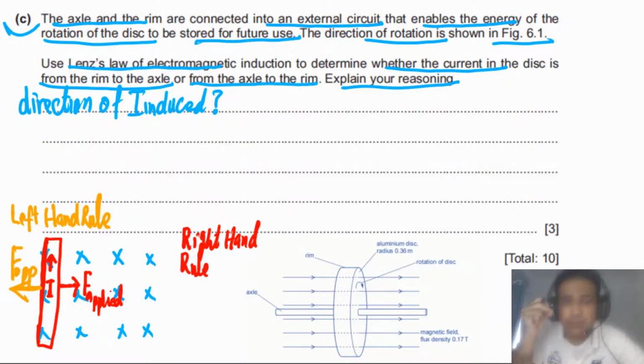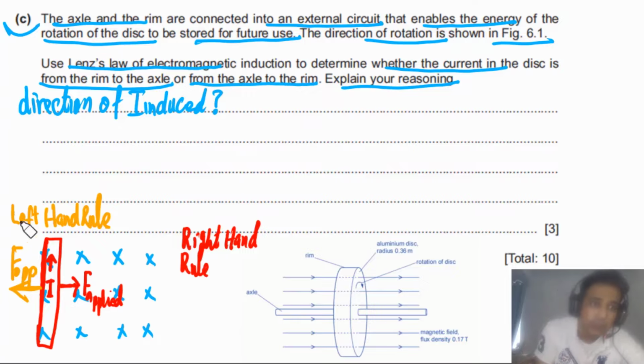Let's try to discuss a little bit more before we answer this question. If you look at this explanation, what we have discussed here simply tells us that the direction of induced current we can find by using the right hand rule. We can also find the direction of induced current by using the left hand rule based on Lenz's law.